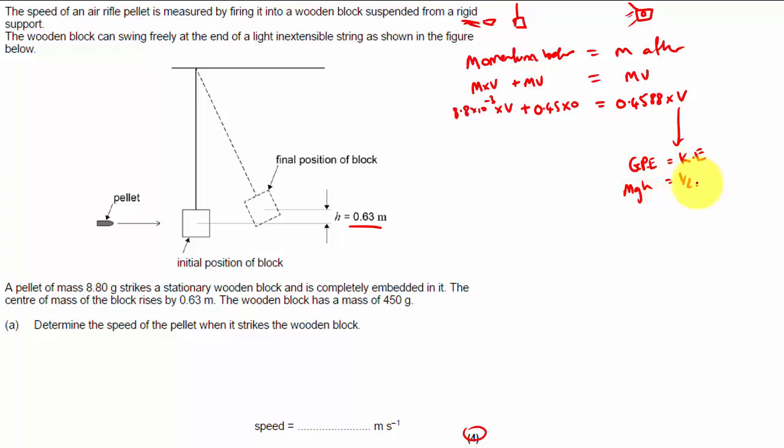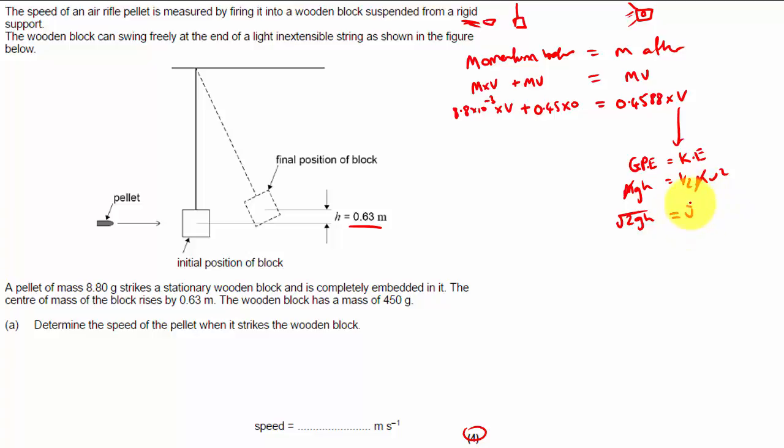KE is half mv squared. The masses are the same because the pellet and block are embedded in each other, so I can cancel the mass from both sides. I can multiply both sides by 2, which gets rid of the half. It gets me 2gh equals v squared. Taking the root of both sides, I'm left with v equals root 2gh.